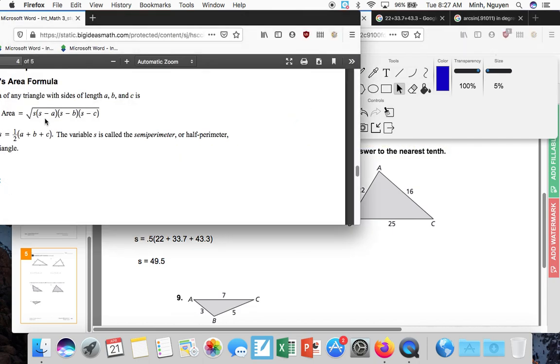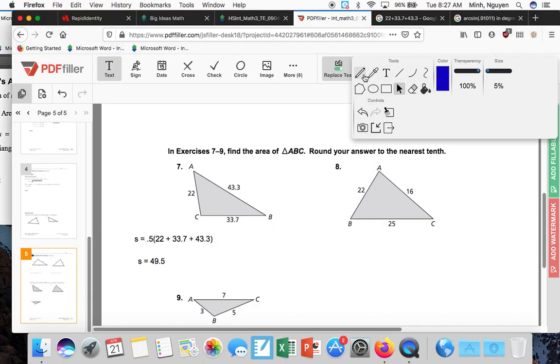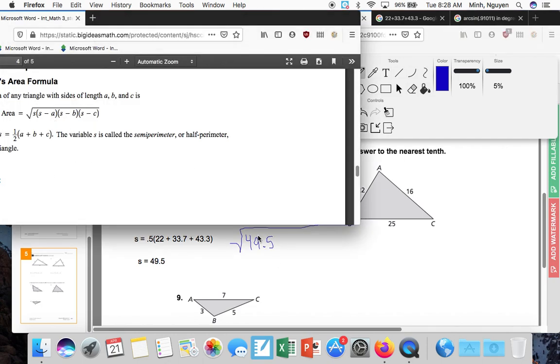So refer to the formula, since we're using it for the first time. Area equals the square root of the semi-perimeter multiplied by the semi-perimeter minus each side.